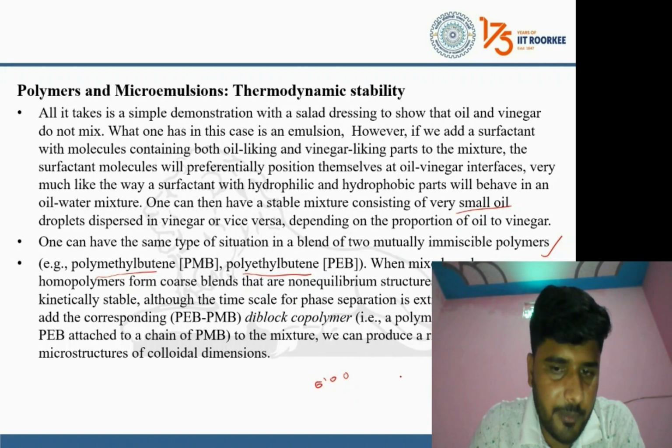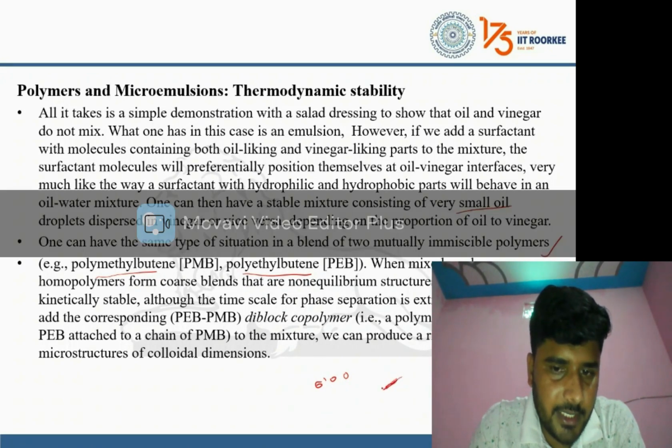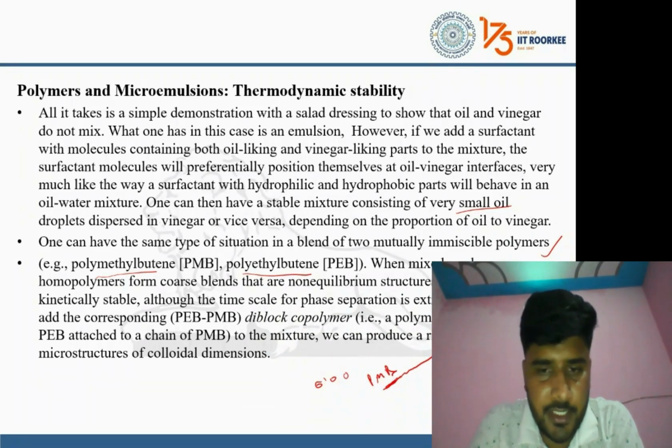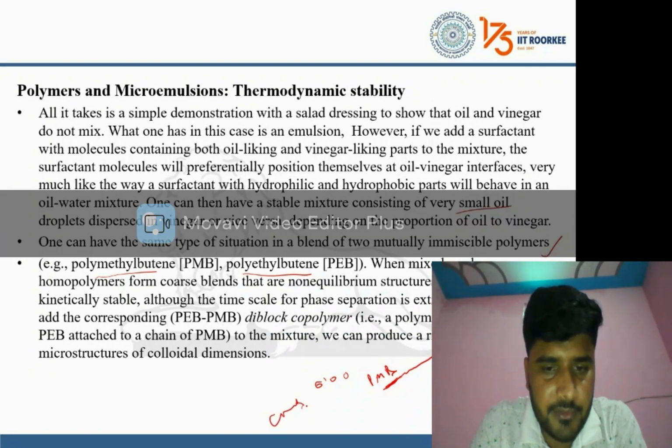A polymer that contains, in this case, a chain of polymethylbutene and also polyethylbutene. The synthesis of this type of polymer is basically done by a controlled polymerization reaction.